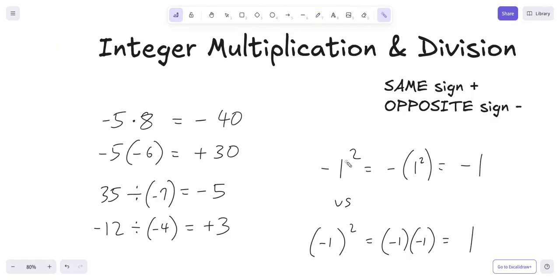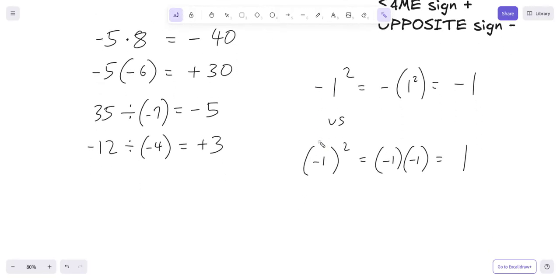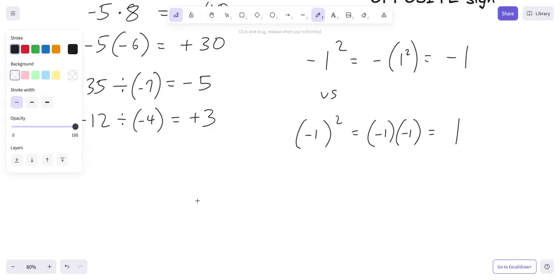So be careful when you have a negative number squared, right? Does it have parentheses? If it does, then it's actually the negative number squared. If it does not, like this, then you actually just square the positive base and then you add the negative sign at the end. That's a little tricky there. Let's try a few examples of that. So let's go with negative 3 squared.